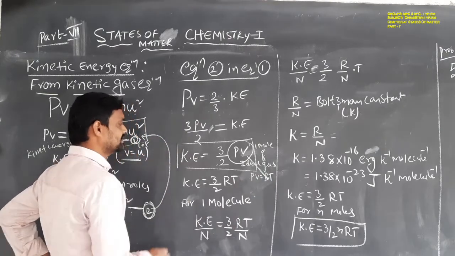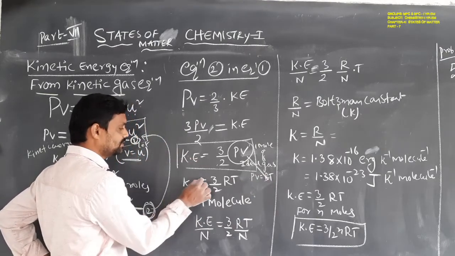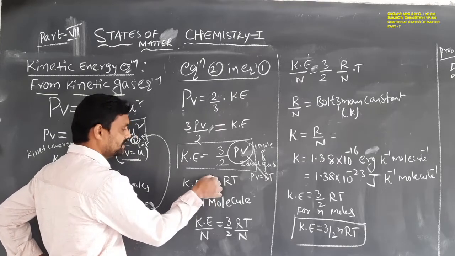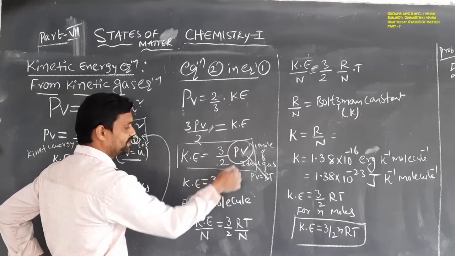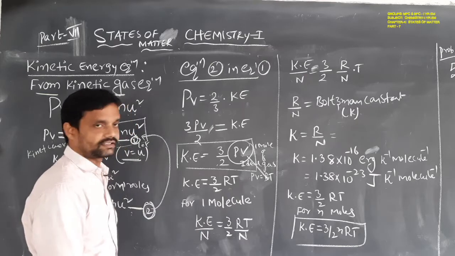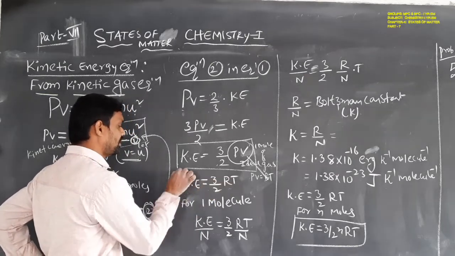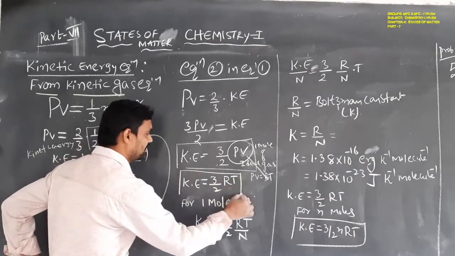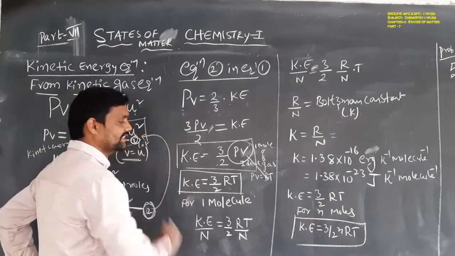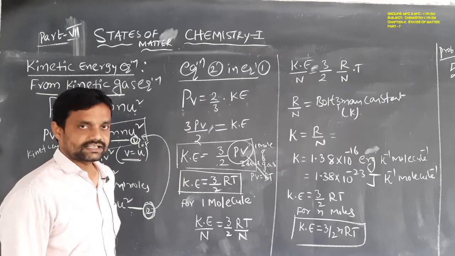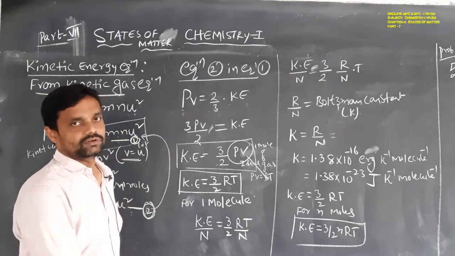Then this equation changes as K is equal to 3 by 2, and in place of PV, we substitute RT. Okay students, K is equal to 3 by 2 RT. This is the kinetic energy equation for gases for 1 mole.